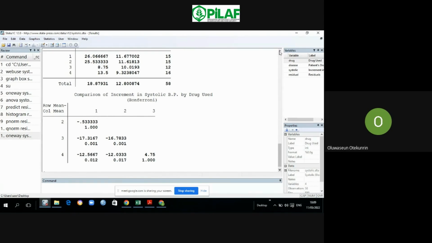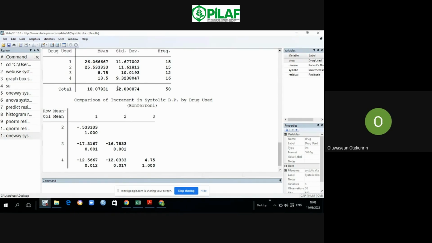What we now do is we go to this summary table. Row mean minus column mean. Row is 2, that is, the mean for 2 is 25.5333, and the mean for column 1 is 26.06667. So take the subtraction: 25.5333 minus 26.06 will give you minus 0.53333, the value in this cell.